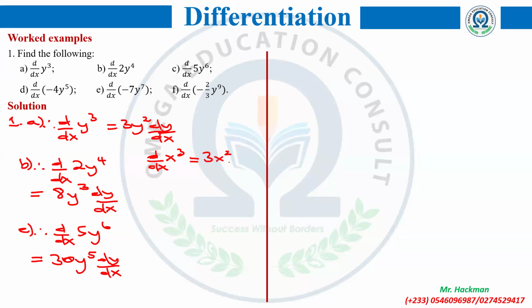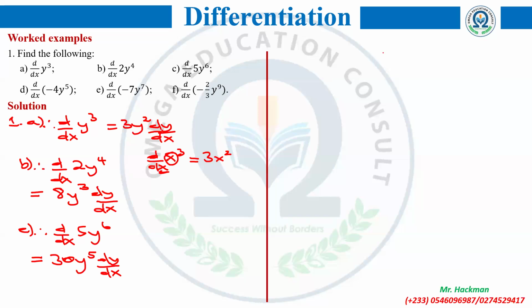You end there because the factor you are supposed to multiply, which is dx/dx, will give you 1. Because the variable here is the same as the variable here, that factor will always be 1. If it is not the same, then it will give you d of that variable over dx. Is that clear?